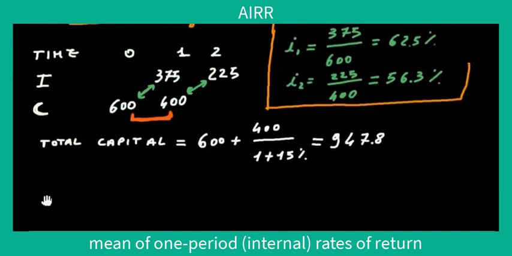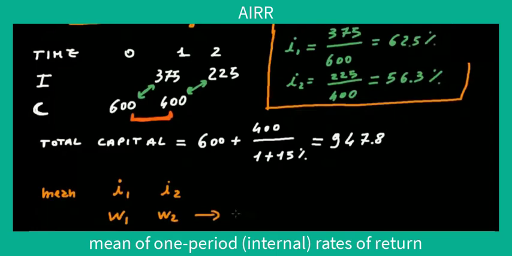Now we can compute the mean of the 2 holding period rates. The mean of I1 and I2 with the weights, we denote them by W1, W2. Now, how do we compute these weights?